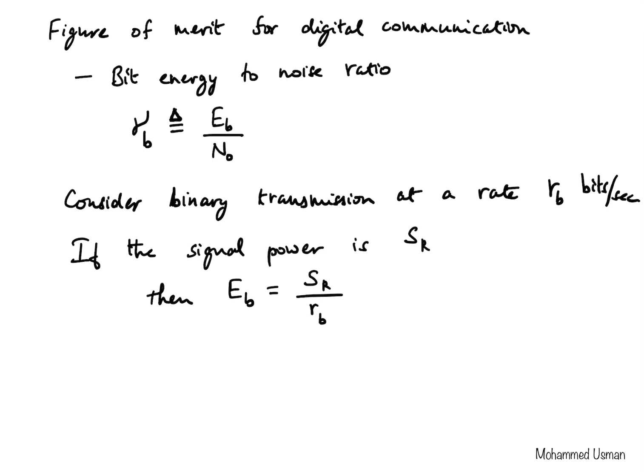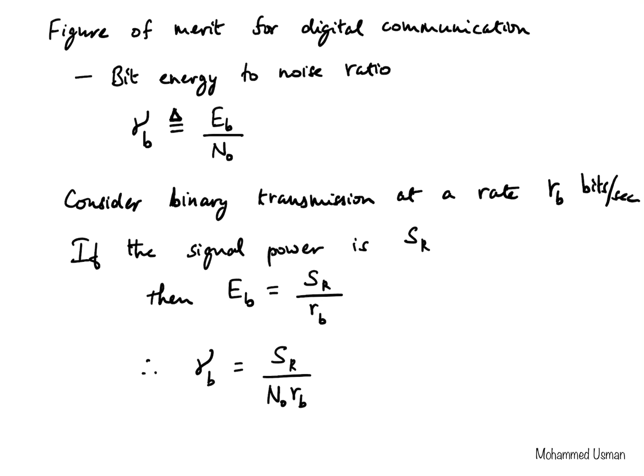If we're transmitting Rb bits per second and the average signal power is SR, then each bit will have an energy which is the signal power divided by the bit rate. So it's SR by Rb, and therefore we can write the figure of merit gamma b in terms of the signal power. Eb is SR by Rb, so substituting it here, gamma b is equal to SR by N naught times Rb.